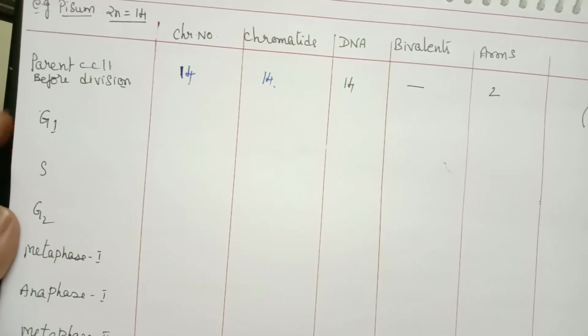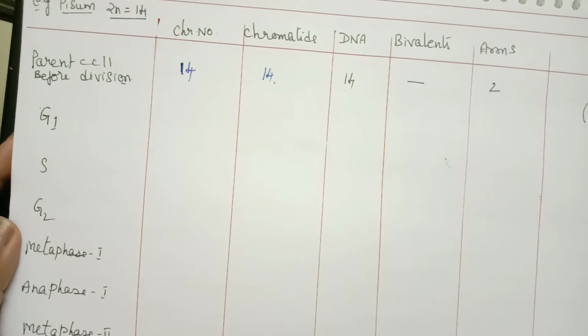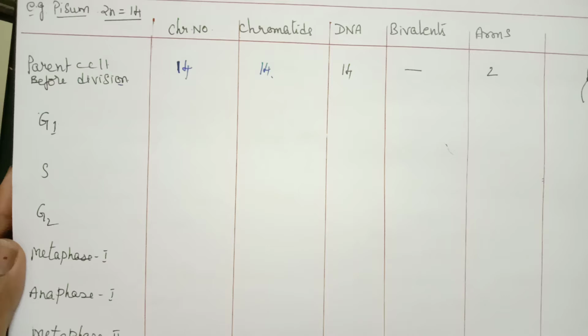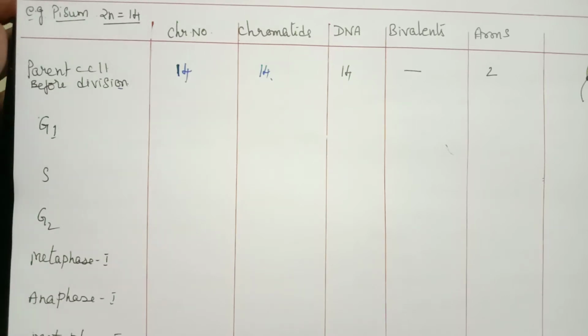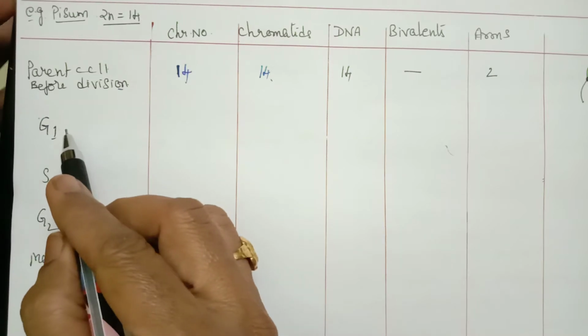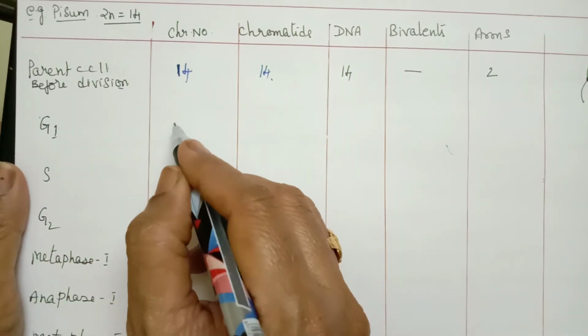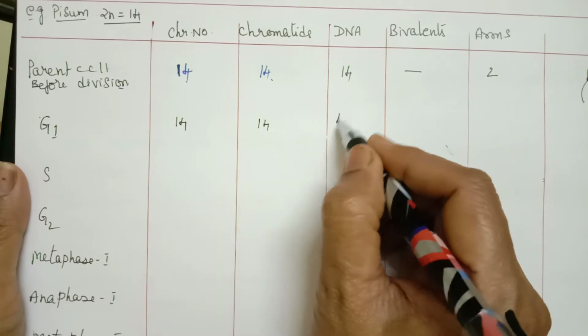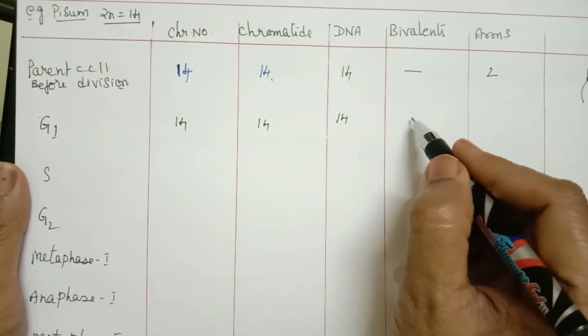Now let us see when the cell enters into division. When any cell enters into division, it is called a meiocyte. Suppose it is entering into meiosis, it is called a meiocyte. So in G1 phase, it shows the same 14 chromosomes, 14 chromatids, 14 DNA molecules.